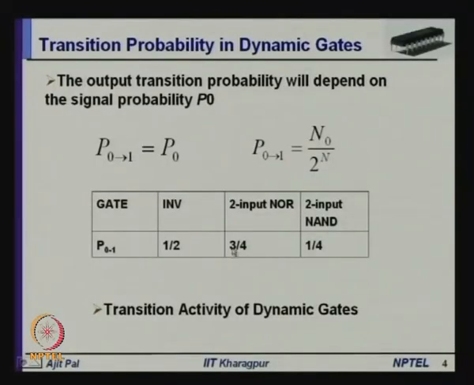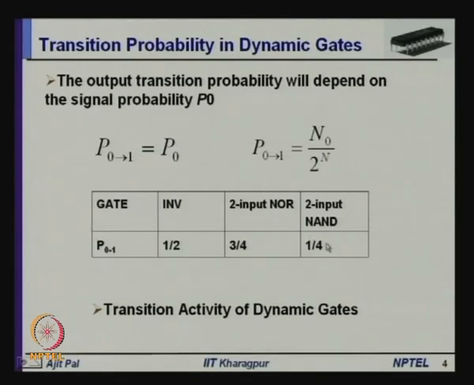So for a 2-input NOR gate it is 3 by 4, and for a 2-input NAND gate it is 1 by 4. In static CMOS circuits, you may recall this was equal to 3 by 4 into 1 by 4, so 3 by 16, and for a 2-input NAND gate it was also 3 by 16.